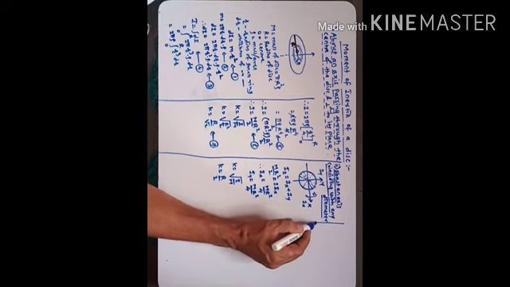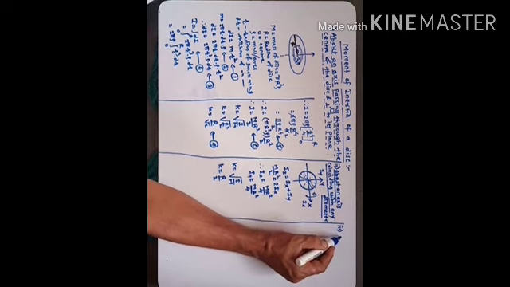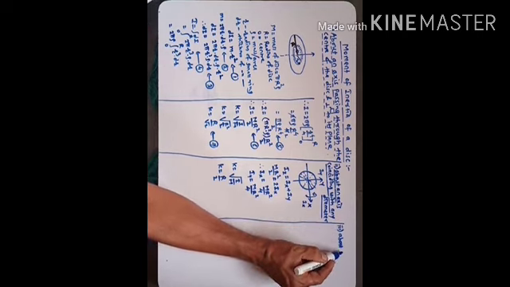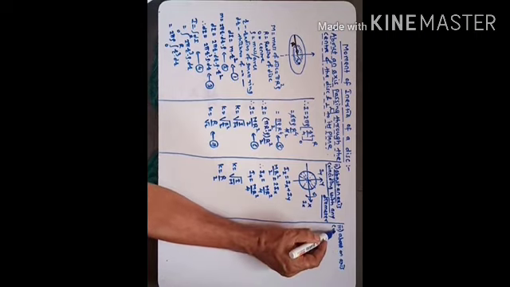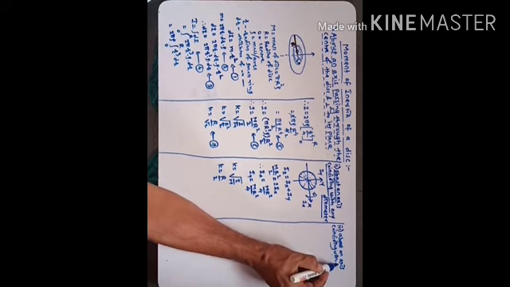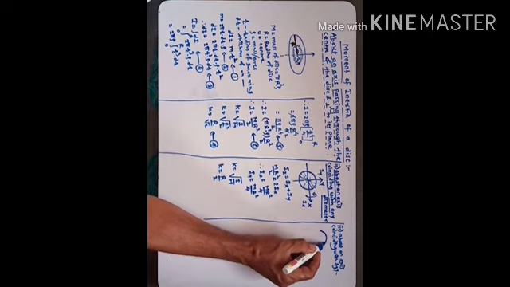Now another extension here: about an axis coinciding with a tangent. Suppose I will draw a small figure, try to understand.